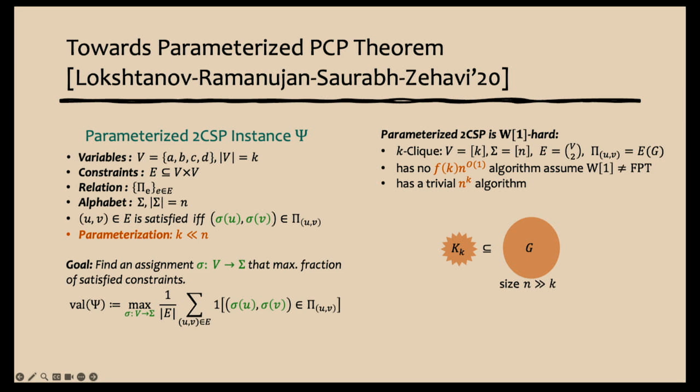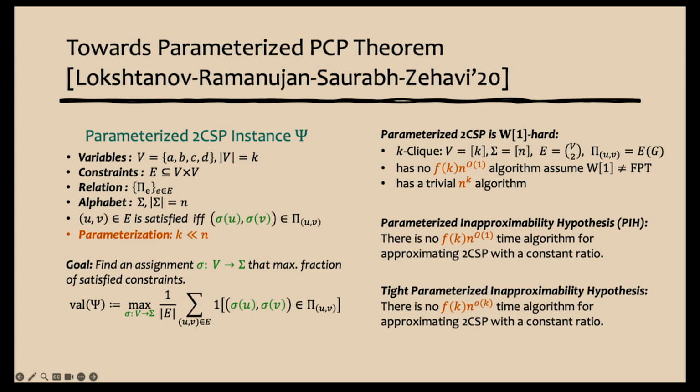The k-clique problem can be reformulated as a 2CSP: we have k variables, each variable is a vertex in G, and the constraint between them says that every two variables are adjacent in the graph. So parameterized 2CSP is W1-hard, and assuming W1 does not equal FPT, it has no FPT algorithm. On the other side, it has a trivial n to the k algorithm: we just use brute force, enumerate every assignment, and check whether it is a solution.